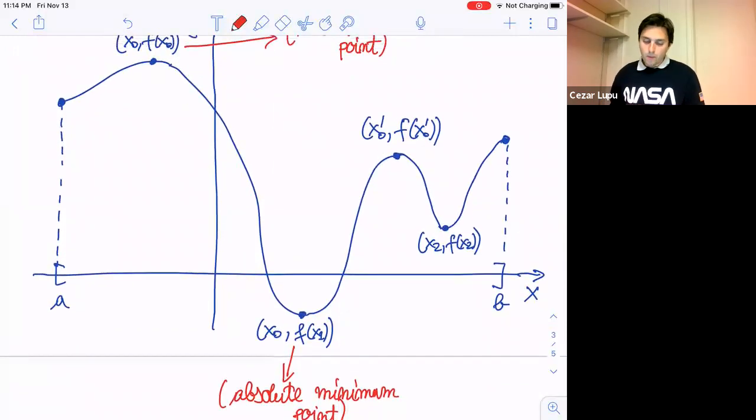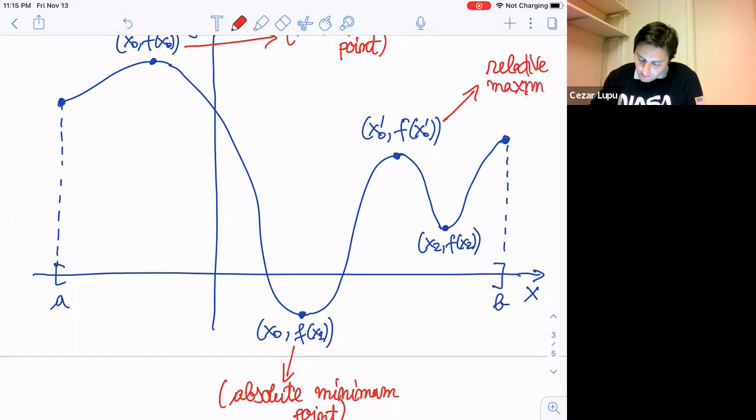Right? And now we can look at these 2 points here. One of them will be the relative maxima, and the other one will be relative minima. So this guy is the relative maxima on the interval AB. Right?